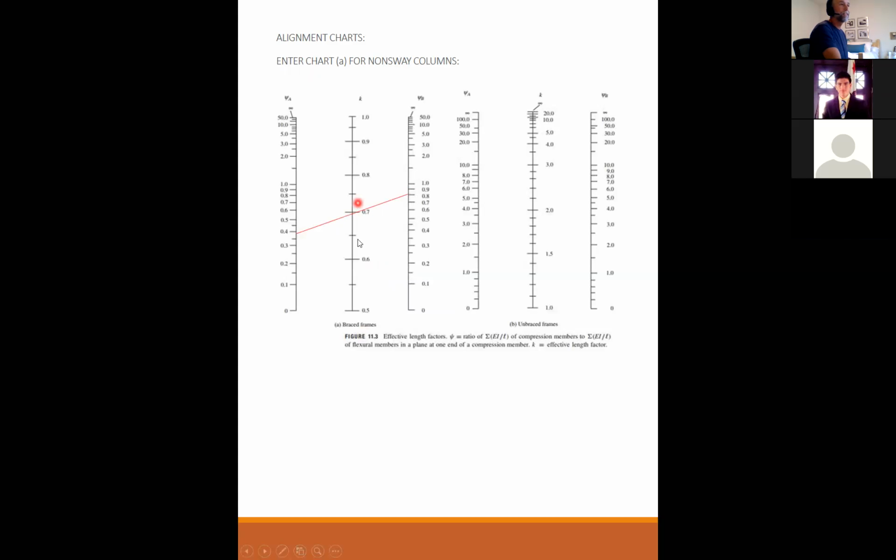Where it hits this vertical axis, that is my K value. And in this case, my K value is about 0.70. The column from practical purposes is considered to be fixed with K equal to 0.70. Okay, so that's example number 1.